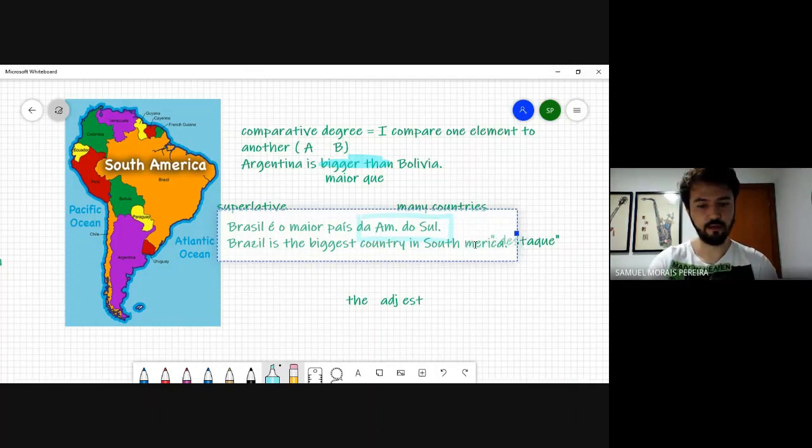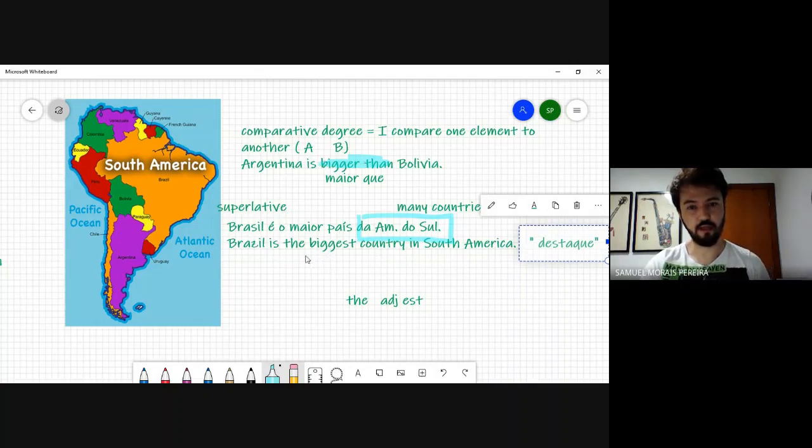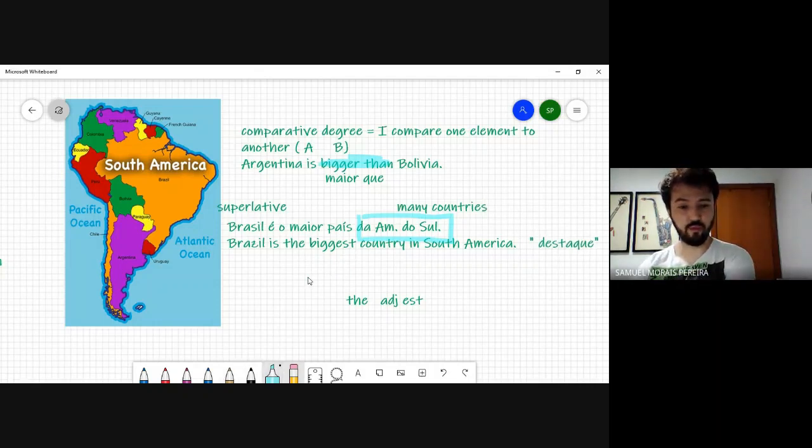Take a look. There is a very big difference here, okay? The difference is in how we write the word. Take a look. Here I have bigger, and here I have the biggest. But when you translate the word into Portuguese, I have the same word. Olha, bigger significa maior, and biggest também significa maior. Can you see? The difference is in the structure.